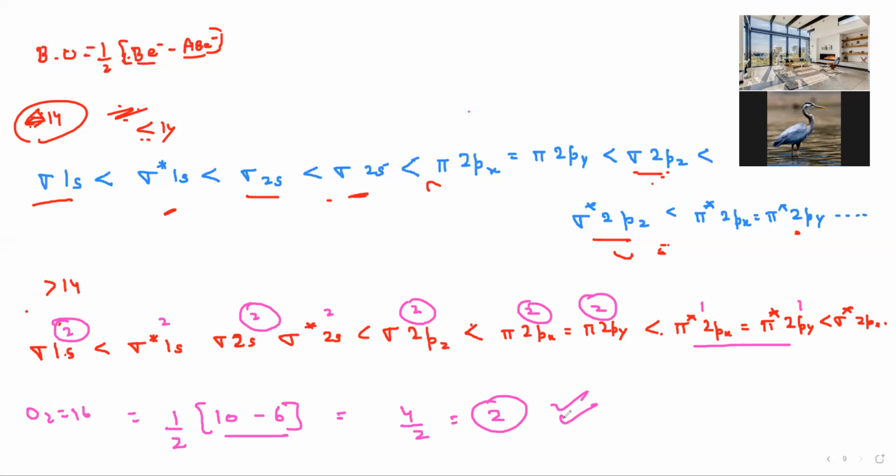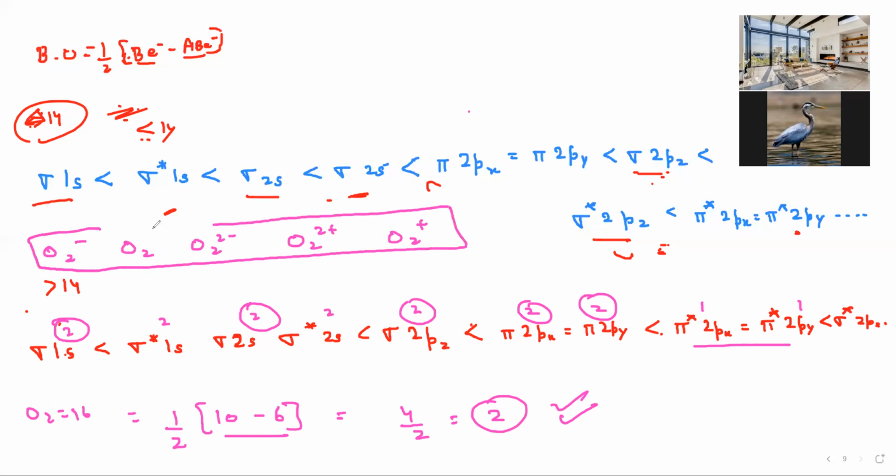It is your homework: find the bond order and stability, and arrange O2, O2 2 minus, O2 2 plus, O2 plus, and O2 minus according to stability. Take a screenshot of that because it is very important.